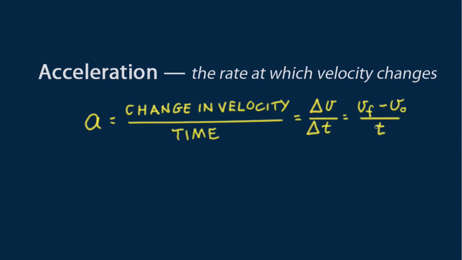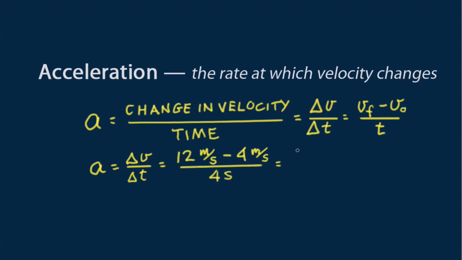The standard unit of acceleration is meters per second per second, or meters per second squared. As an example, if an object accelerates from 4 meters per second to 12 meters per second in 4 seconds, the acceleration would be a = delta v over delta t, 12 meters per second minus 4 meters per second, all over 4 seconds.